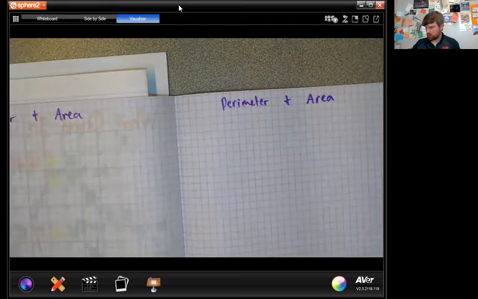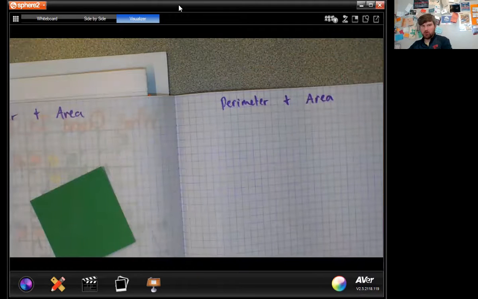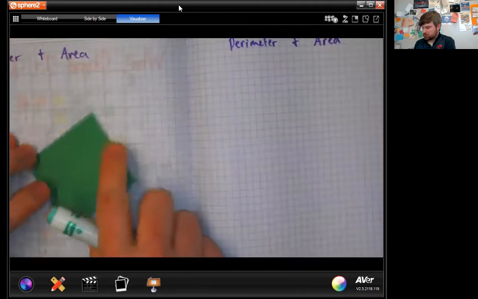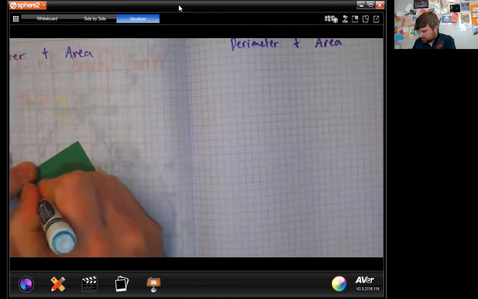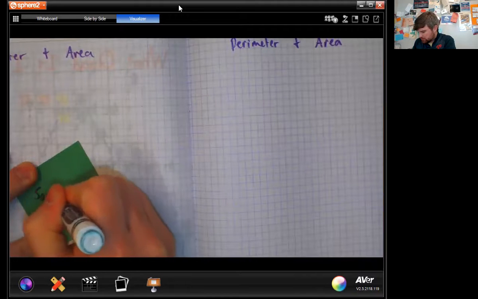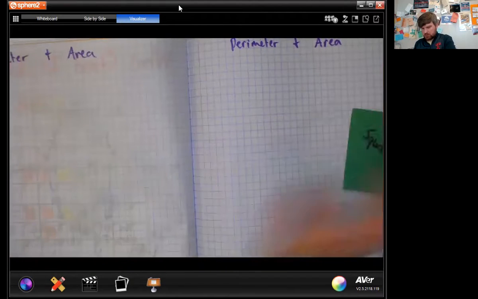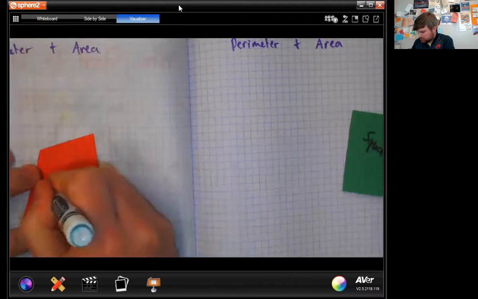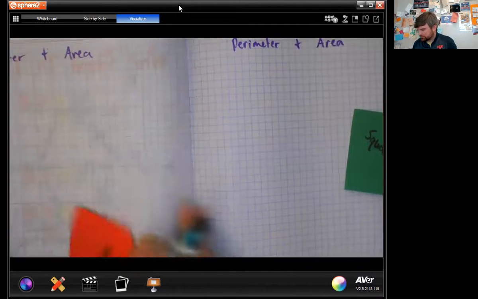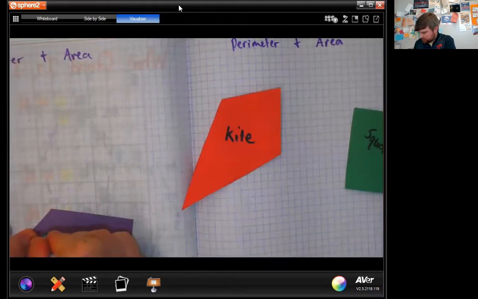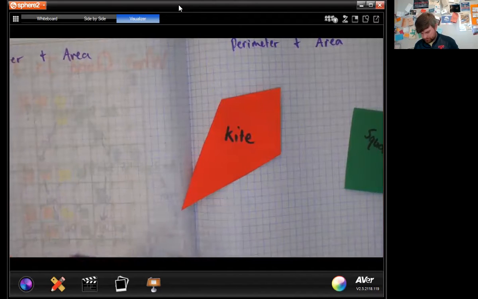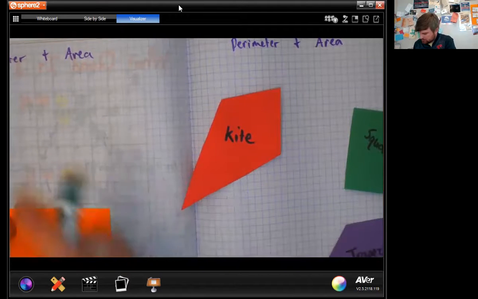I'm going to take each card, write the shape on it, and then tape it in like a door. So this is a square. We have a kite. This would be a trapezoid. A rectangle.